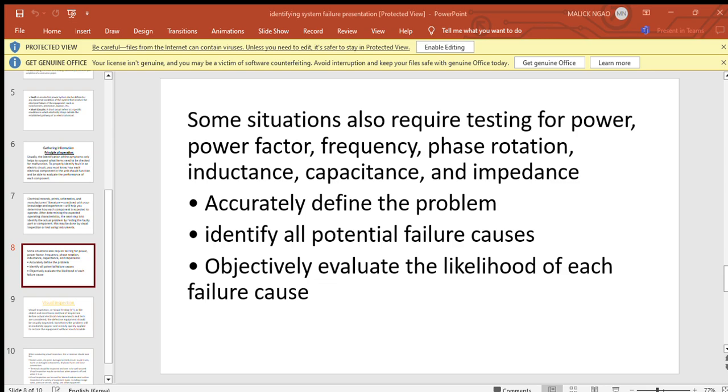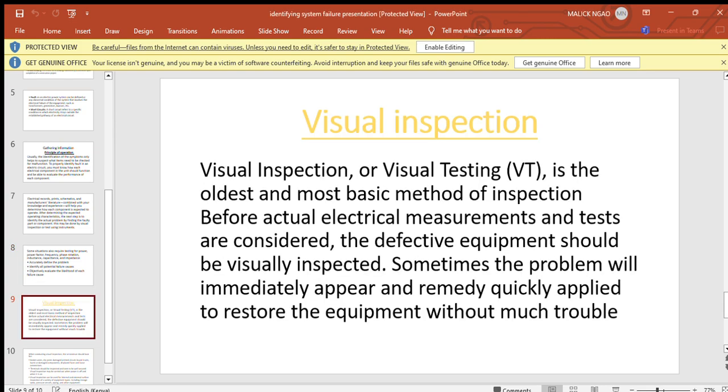Samson, are you getting me over there? Yes. What is visual inspection? Yes, that is correct.